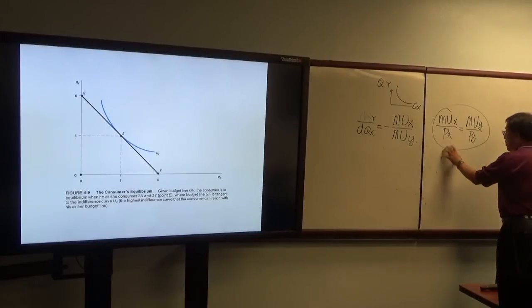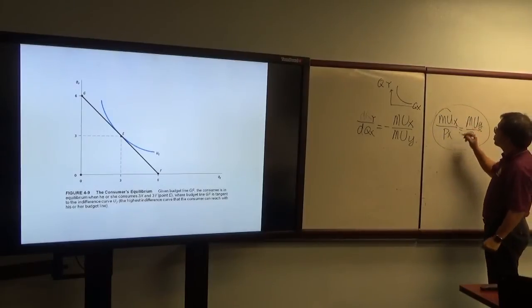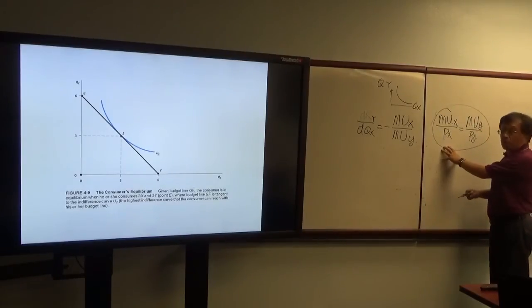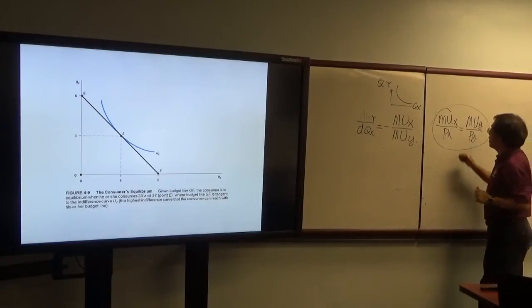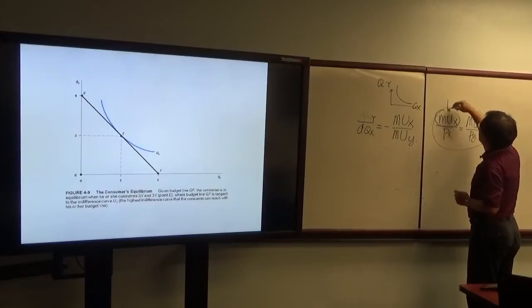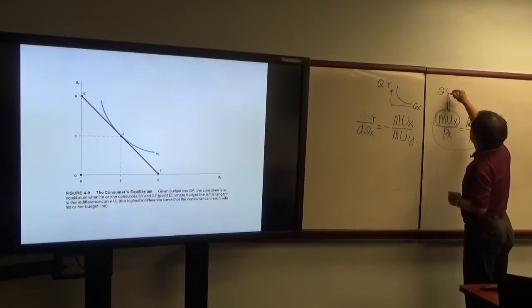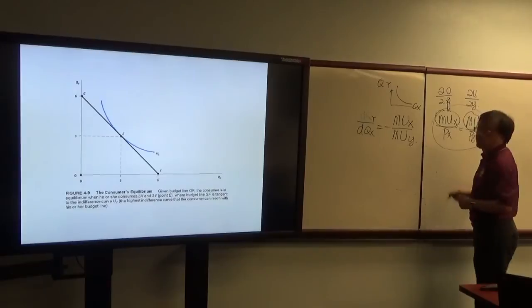So basically, this is the marginal utility per dollar. It would be the same for beer and pizza. And remember, marginal utility for X is partial U over partial X, and marginal utility of Y is partial U over partial Y.